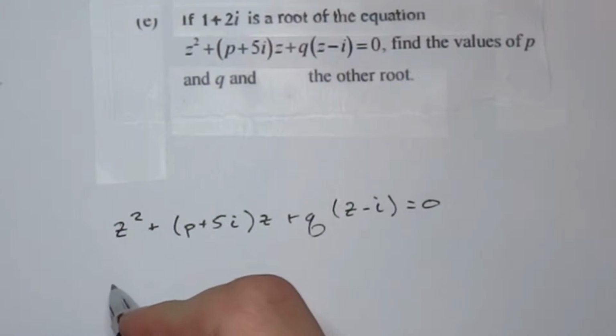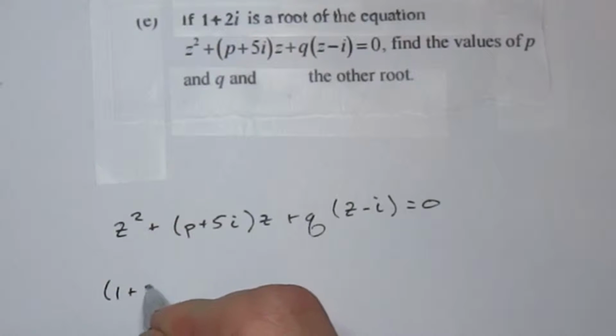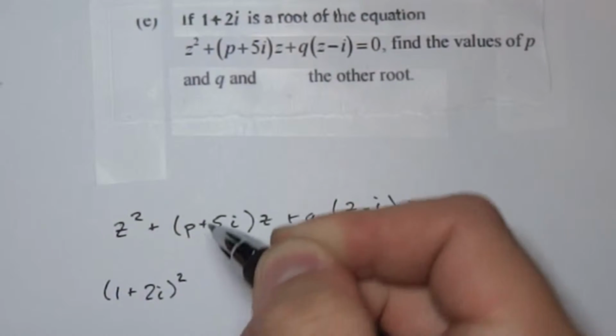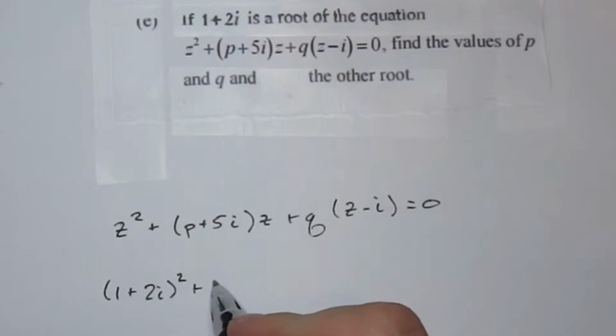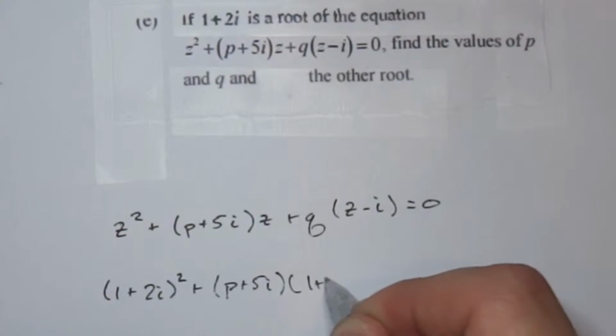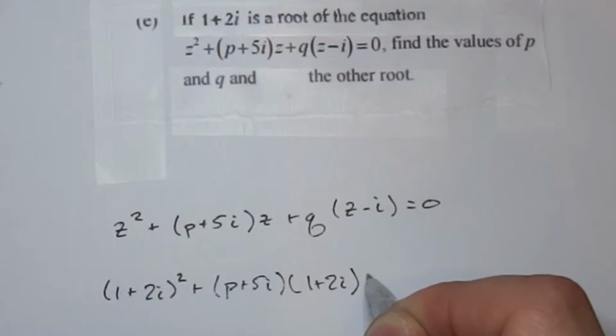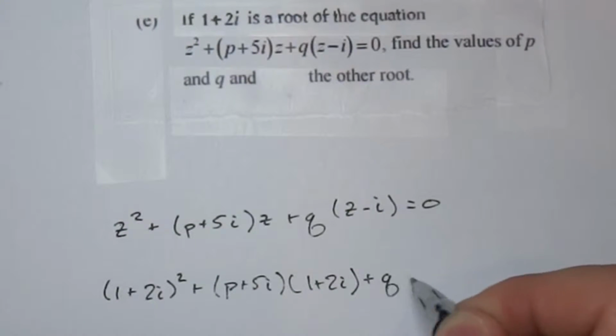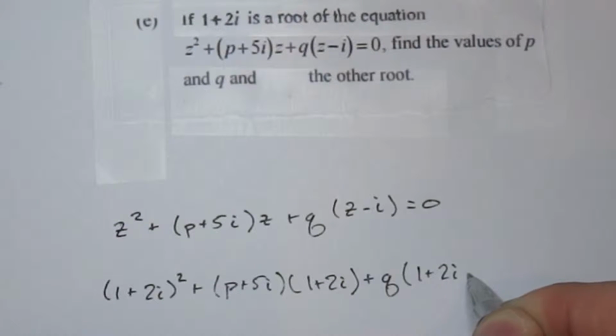That's going to give me (1 plus 2i) squared plus (p plus 5i) times (1 plus 2i) plus q times (1 plus 2i minus i) equals 0.